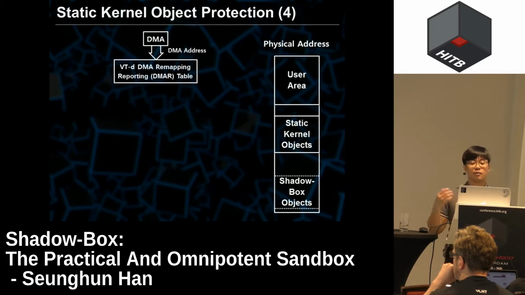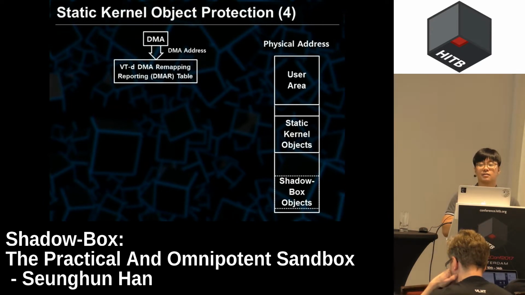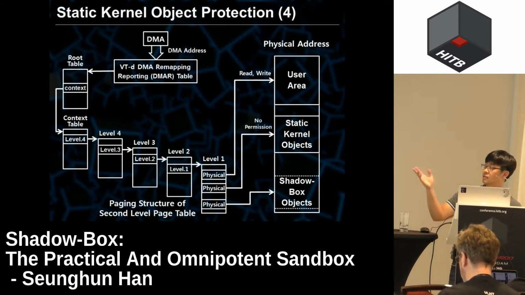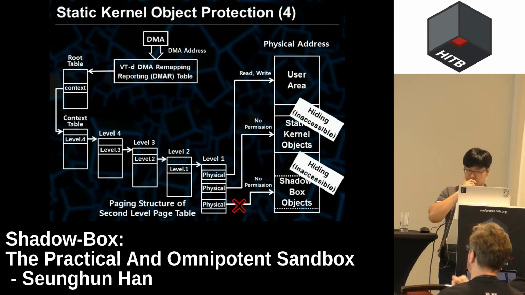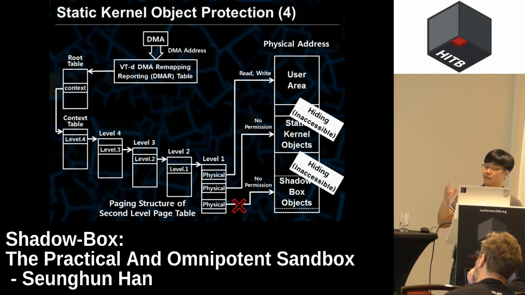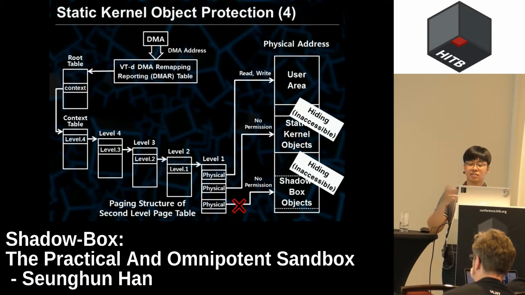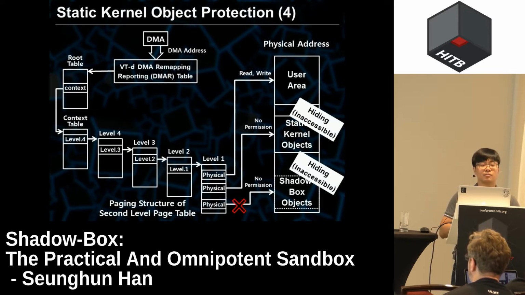This is another memory protection technique using the DMAR table in Intel VT-d. The DMAR table is more complicated than EPT. However, basic structure and concepts are the same as EPT. This is the DMAR table, and the DMAR table maps DMA address to physical address and sets new permission.